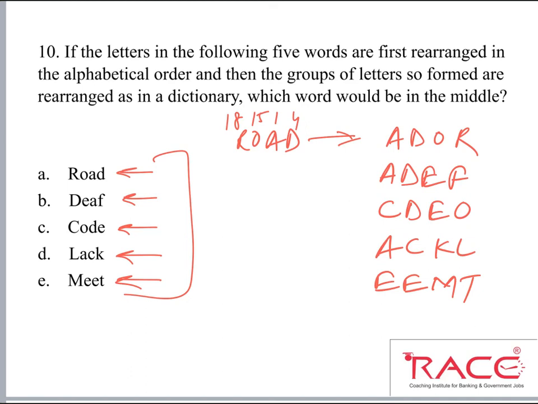After that, we have to arrange each word in alphabetical order. So this is conventional. But if you read the second line, we have a short trick as well.